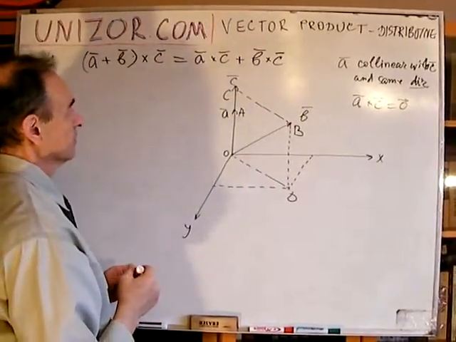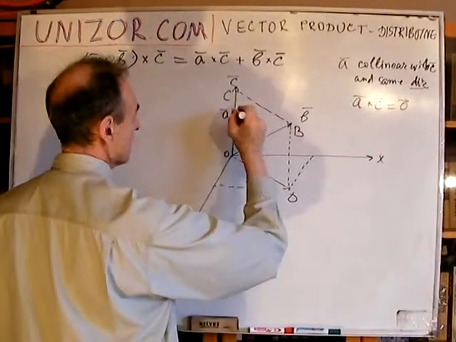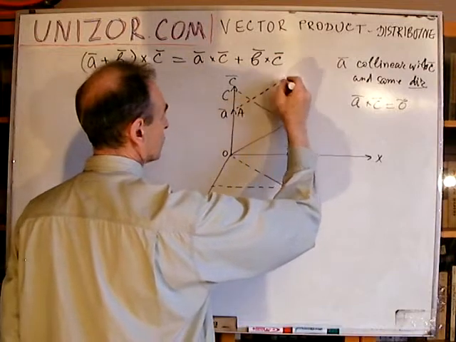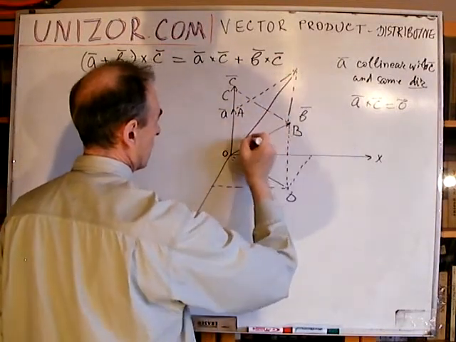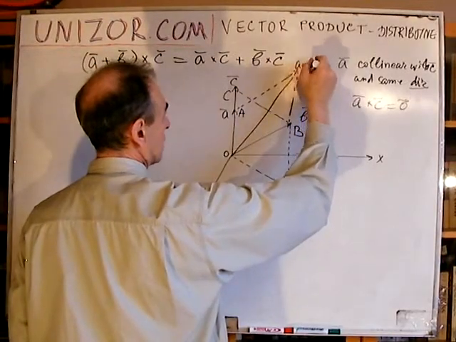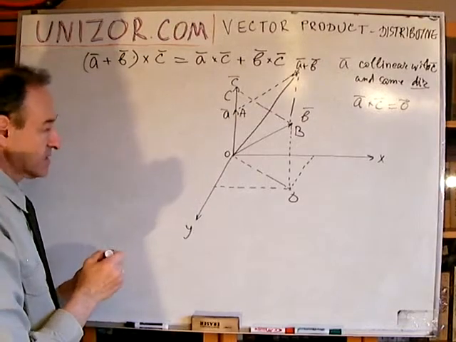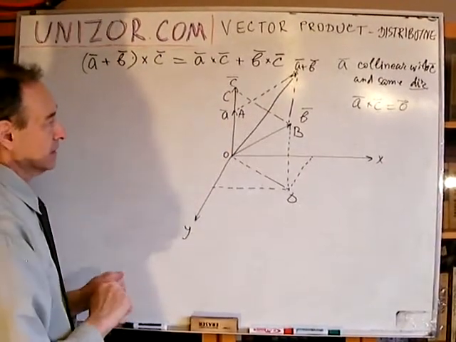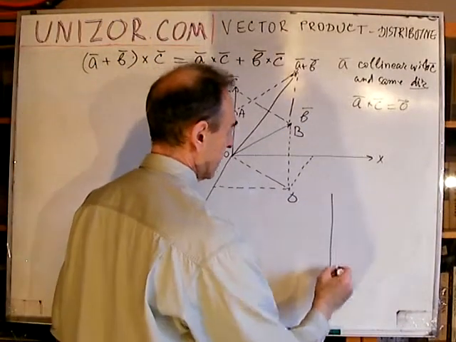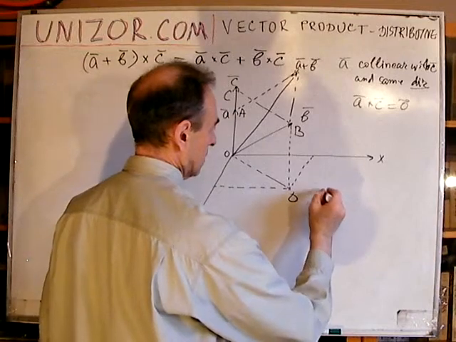Let's think about it. Since A and B belong to this plane, then their sum, which I can actually draw here, this would be A plus B. It also belongs to the same plane. So if I look at this plane from a side, I will have C vector at some angle.